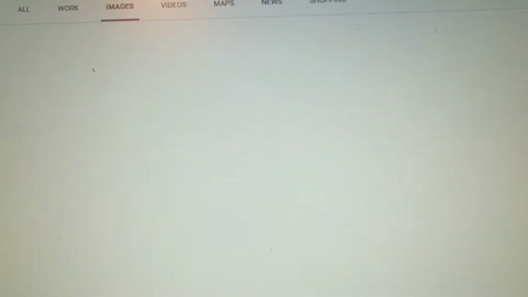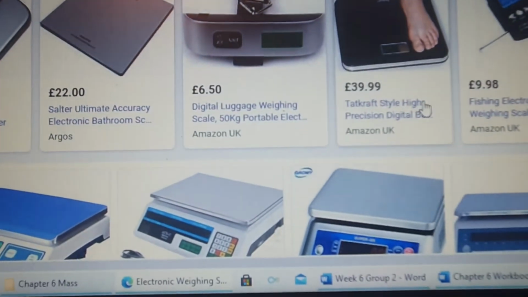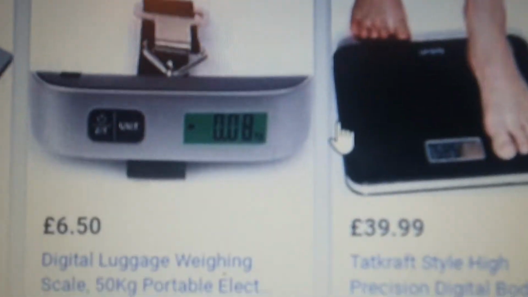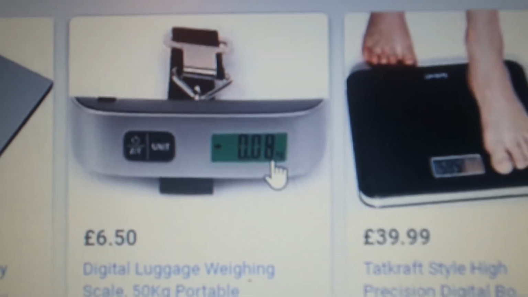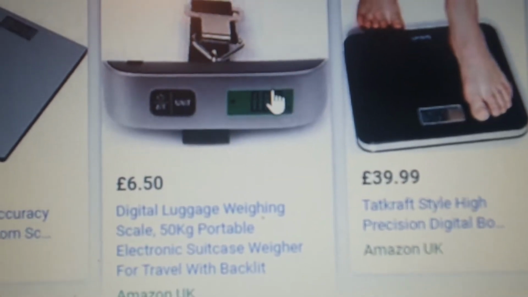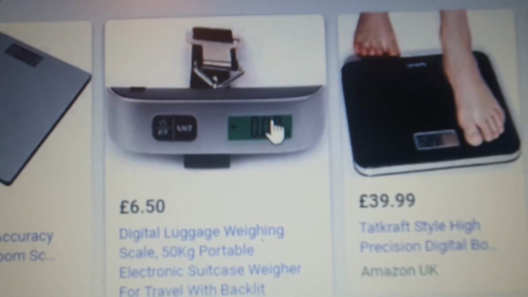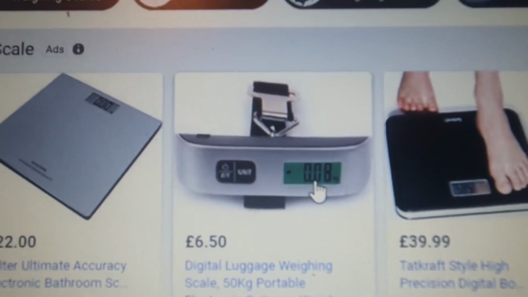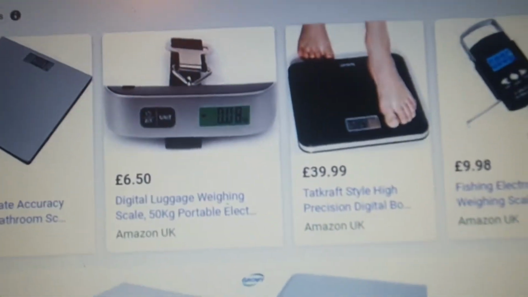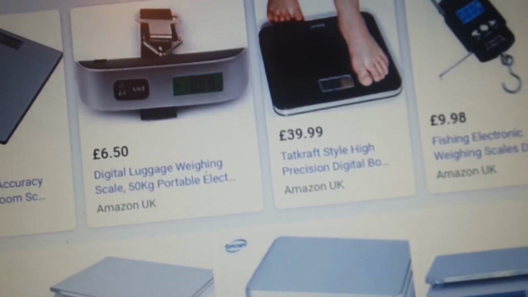So electronic weighing scales. You can see that is in kilograms, and there is 1,000 grams, so a gram is very light. I think a feather weighs about 11 grams, but there's 1,000 grams in 1 kilogram, kilo meaning 1,000.